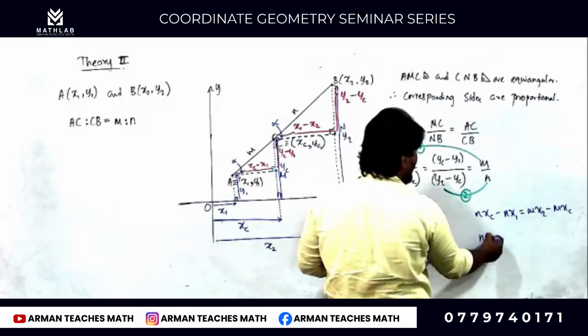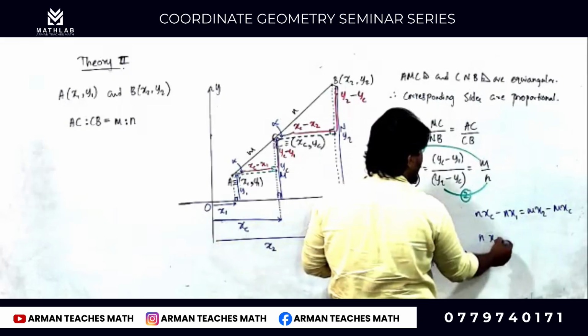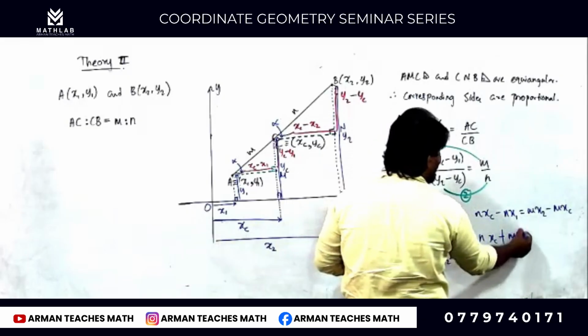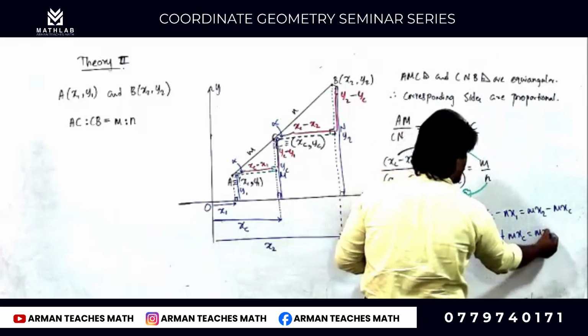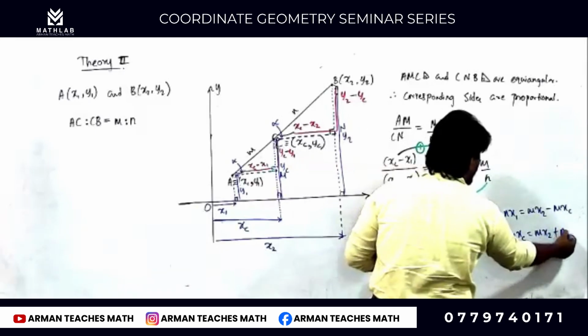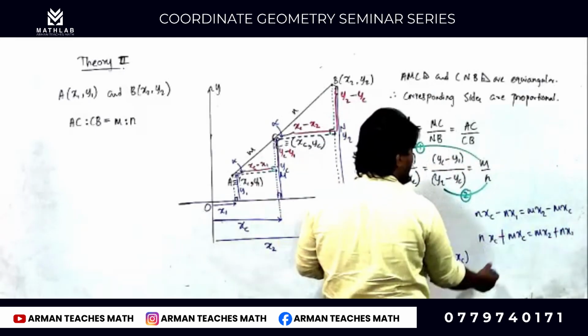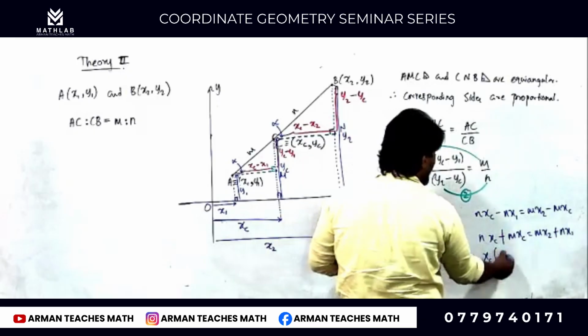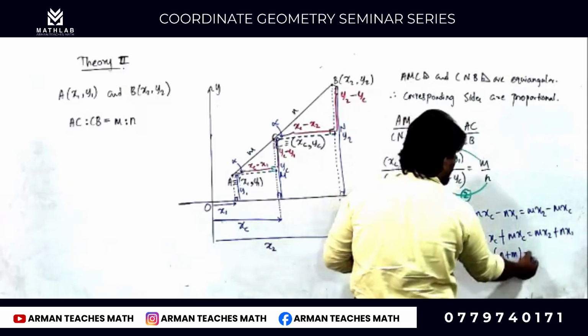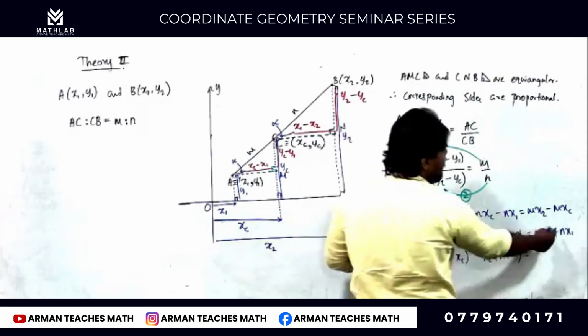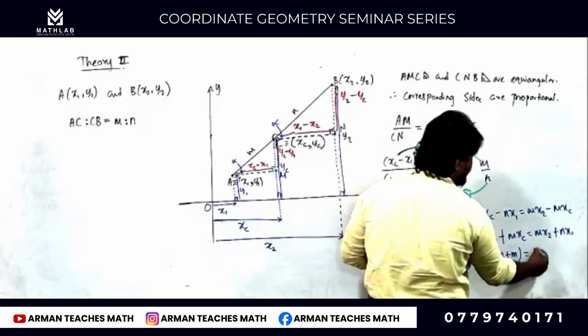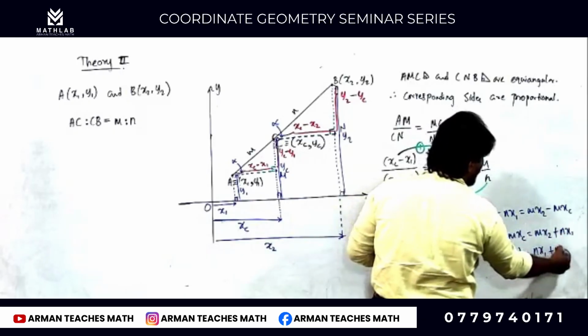So you get nxc plus mxc equals mx2 plus nx1. Let's take xc as a common factor outside. We get (n plus m) xc equals, writing the x1 term first, nx1 plus mx2.